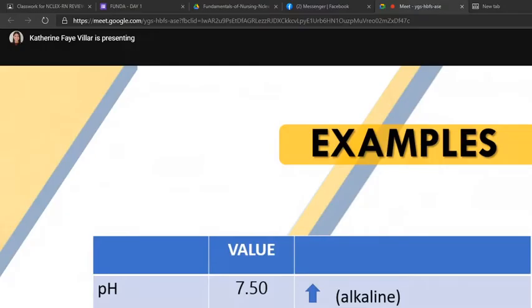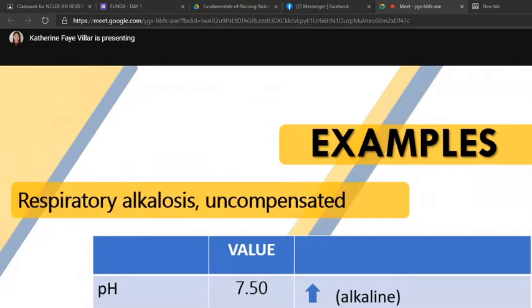Normal. Okay, so this is an example of respiratory alkalosis. And ang compensation po niya? Abnormal pH, normal. Uncompensated. Yes, very good. Uncompensated, respiratory alkalosis.